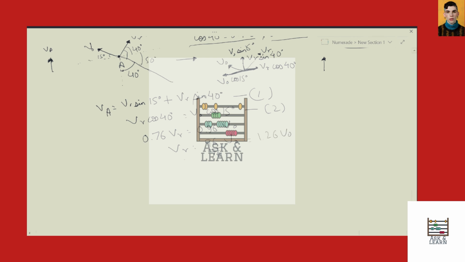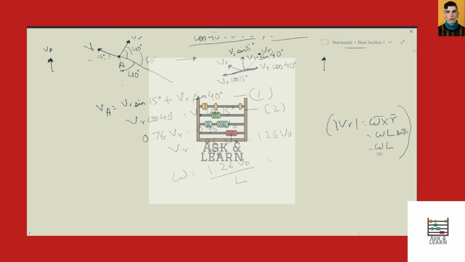By the way, once you know VR, you should also remember that magnitude of VR is omega cross R, which is going to be omega L sine 90. So omega L. So you can also find out omega quickly from this. Omega is going to be 1.26 V naught over L.